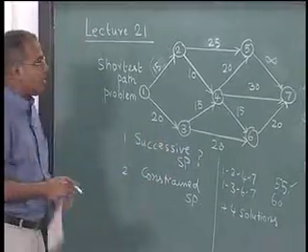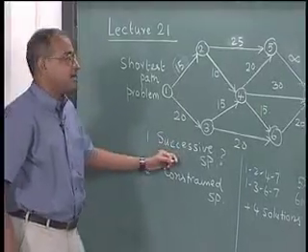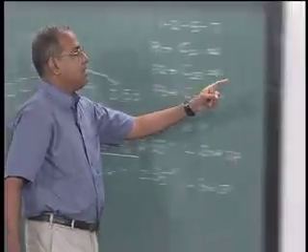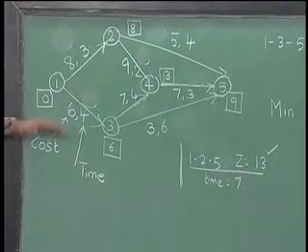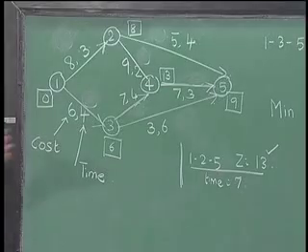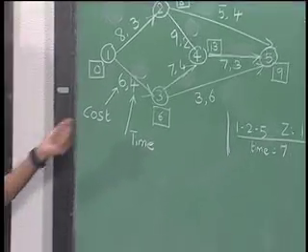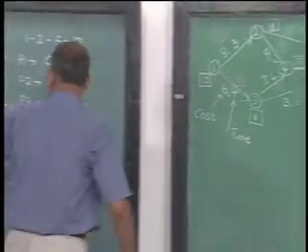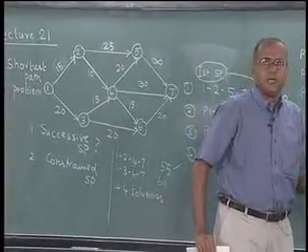Now with this background, let us approach the successive shortest path. One of the ways of doing it is to go back to this, find out the first shortest path, then find out the second, third successive shortest path, and the first of those which actually satisfies that constraint will be the optimal solution. So that brings us a relationship between the successive shortest path and the constrained shortest path problems.